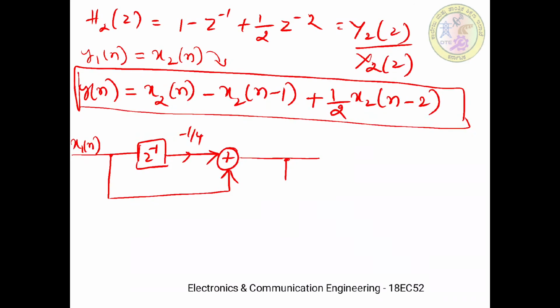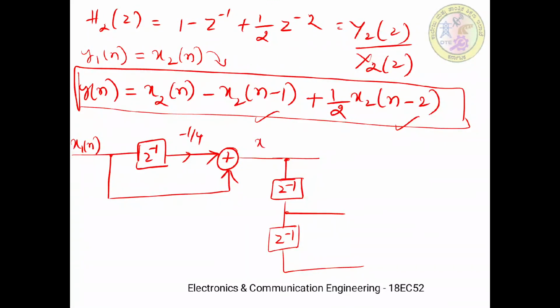In the second stage, the equation has x2 of n minus 1 and x2 of n minus 2. So I am drawing two delays, z inverse and then z inverse. Here the signal we get is x2 of n.